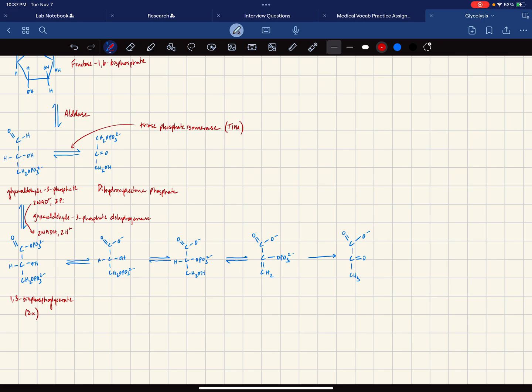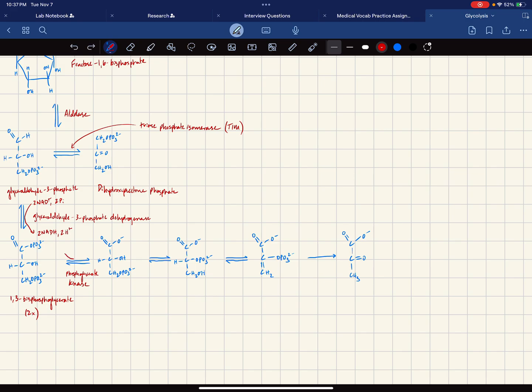Our next enzyme is called phosphoglycerate kinase, so you know there has to be some sort of phosphoryl movement going on. Specifically, that movement is this phosphate coming off of it.